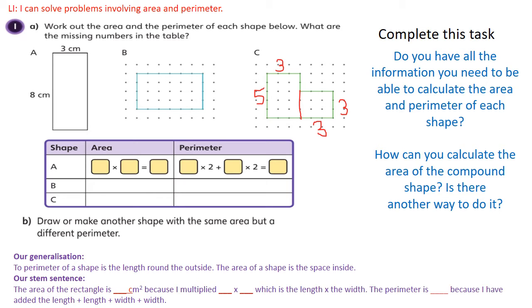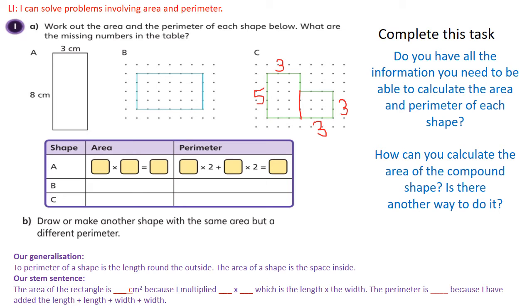To find the perimeter, we've got 2 lots of 3 centimetres and 2 lots of 8 centimetres. So you've got 3 times 2 and 8 times 2, and then you add them together. In B, you're going to do the same thing, but you've got to count the number of squares.